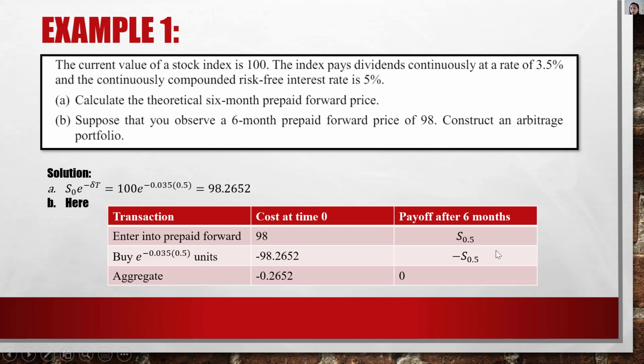So the third line here is the second strategy in the second case. We enter into a prepaid forward that is guaranteed to deliver at time 0.5, after 6 months. And the cost at time 0 is 98 because it's the prepaid forward price, F0T prepaid. So the cost at time 0 is 98, and the payoff after 6 months is S0.5. Now the first strategy, in the second line.